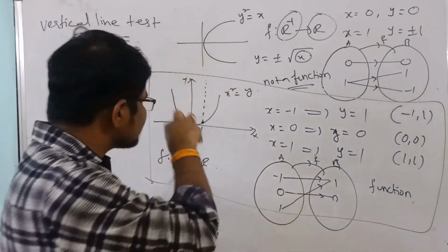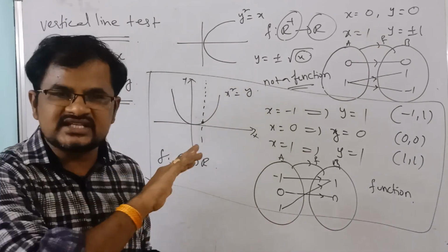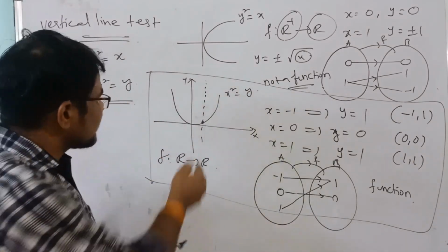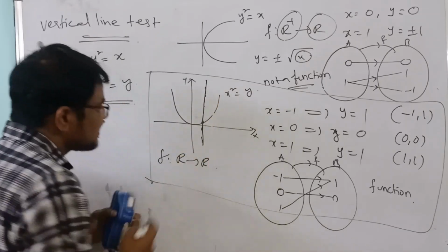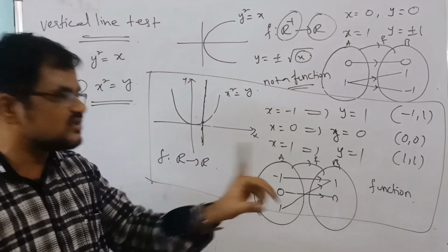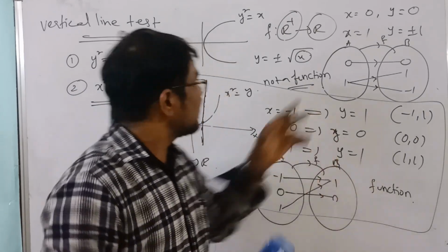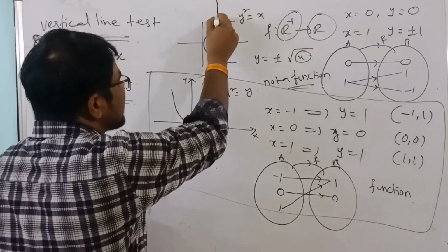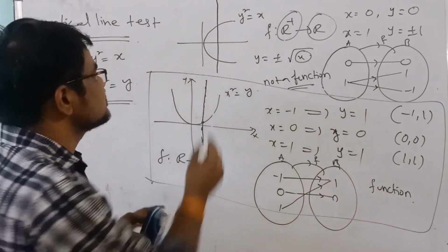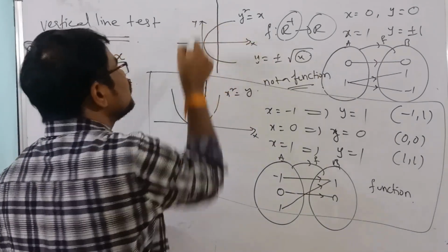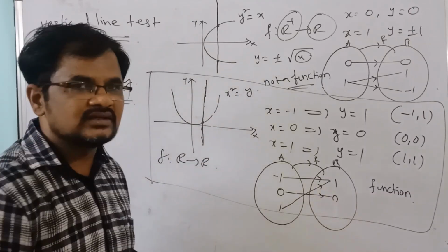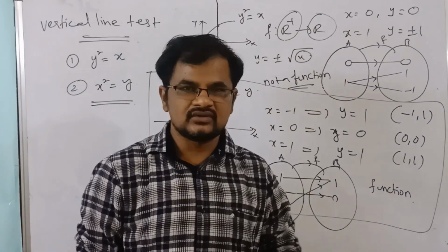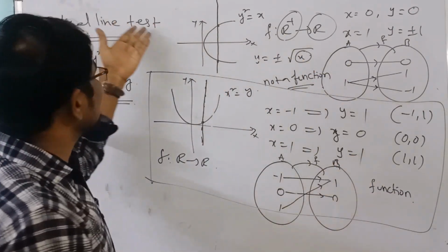But if it intersects the graph at more than one point, it is not a function, right? Now if you draw a line parallel to the y-axis and it intersects the graph at only one point, that's why it is a function. But if it intersects at 2 points, here and here, then it is not a function. So this is called the vertical line test.